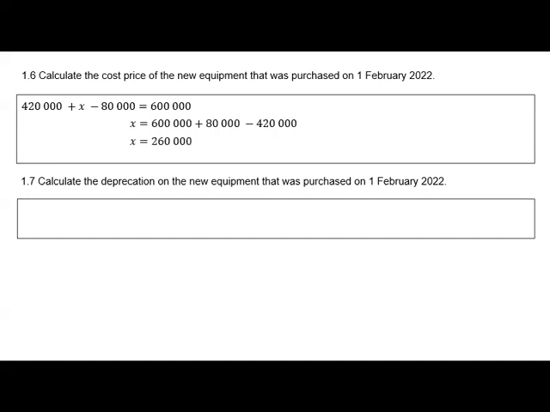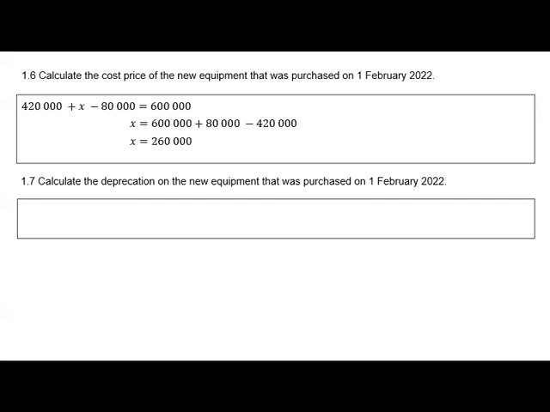Number 2 asks us to calculate depreciation on the new equipment that was purchased on the 1st of February. Let's count: February, March, April, May, June, July, August. That is 7 months. So we need to depreciate this equipment for 7 months. But it is new.